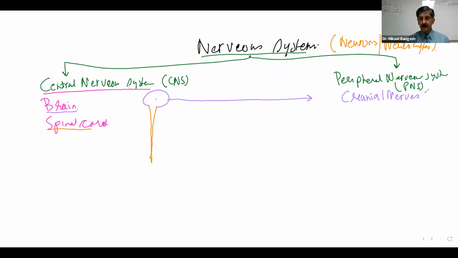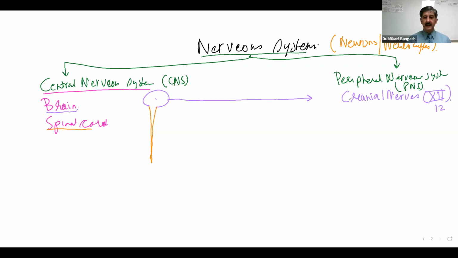And as a matter of fact, there is a total of 12 cranial nerves. Now, somebody may ask, what does XII mean? Well, the cranial nerves are numbered using Roman numerals or Latin numbers. If not, we can still say 12 cranial nerves.